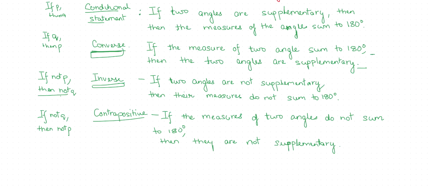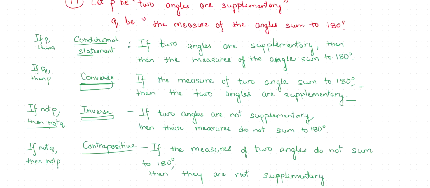Now let's see which statements are true and which are false. If two angles are supplementary, then the measure of the angles sum to 180 degrees. This is true. Then the converse: if the measure of two angles sum to 180 degrees, then the two angles are supplementary. This is also true.